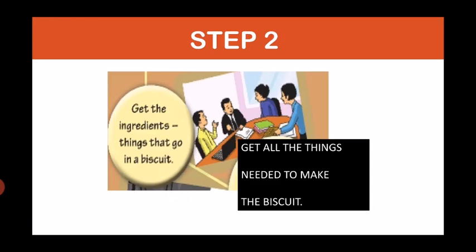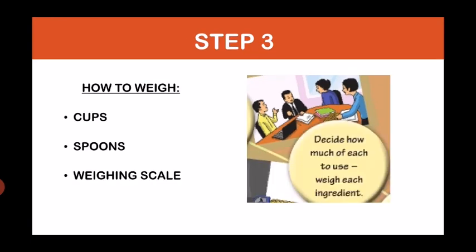Now let's see the next step in making biscuits once they have got all the ingredients. So step 3 is how to weigh. Weigh means how to take that much amount, to measure. Now there are different ways. Sometimes we use cups.